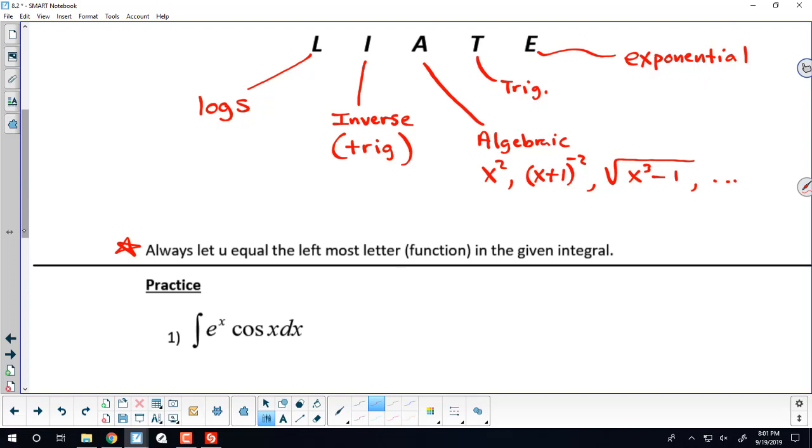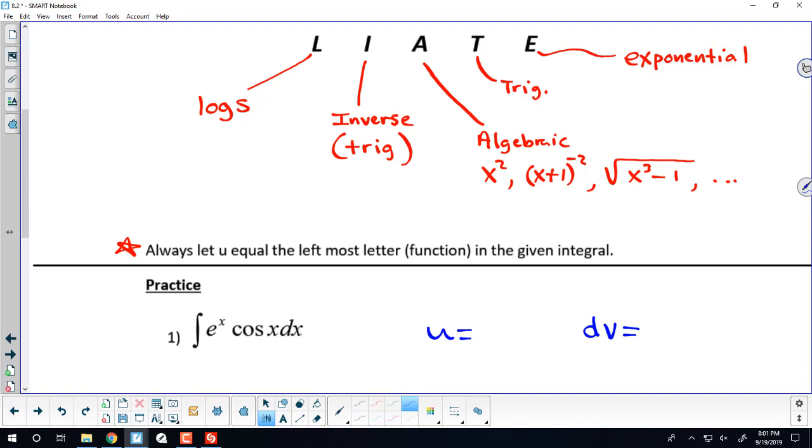We should probably think, if it's not inherently obvious that it's a u substitution, then product of two functions, we should default to integration by parts. So integration by parts always starts off where you identify the u and you identify dv.